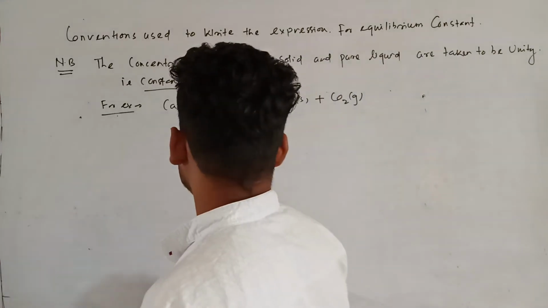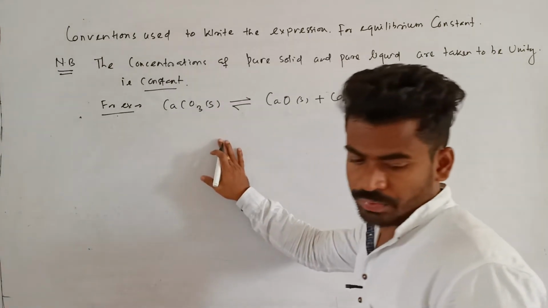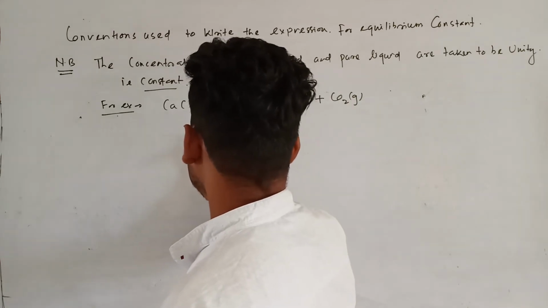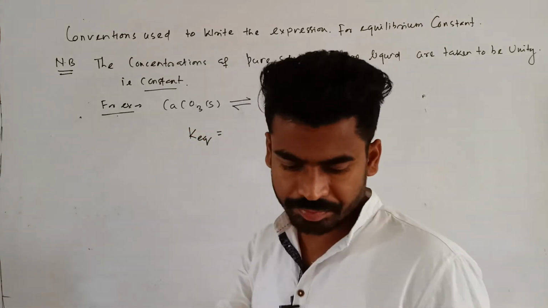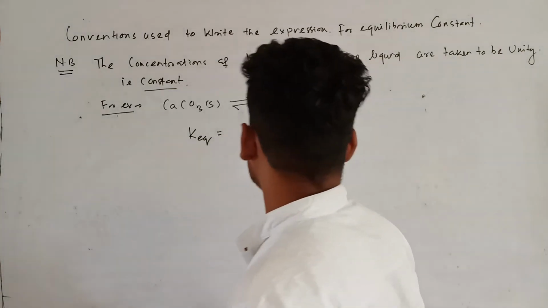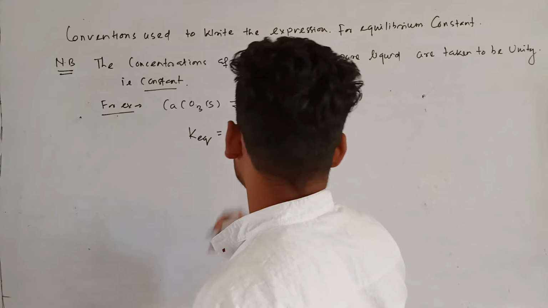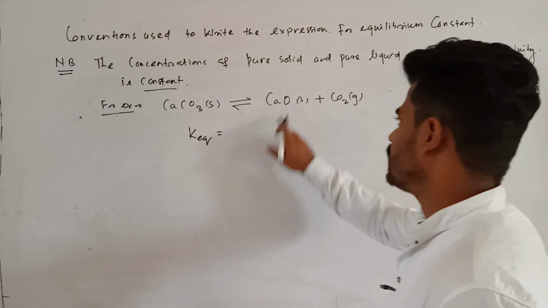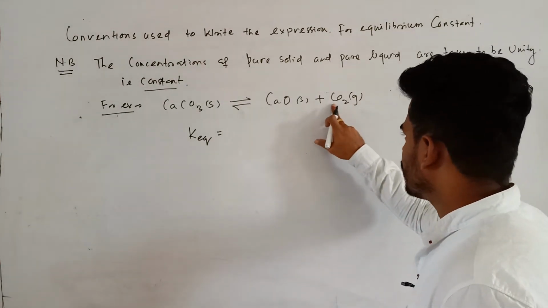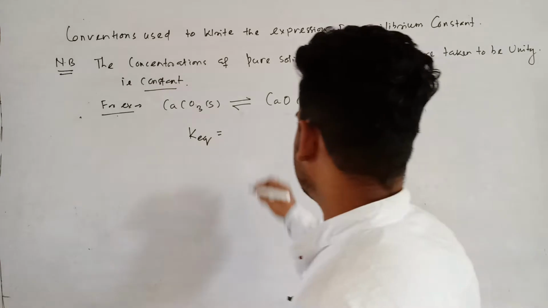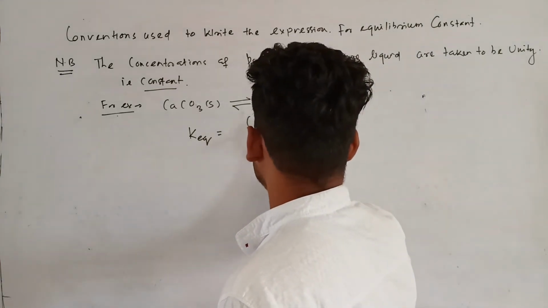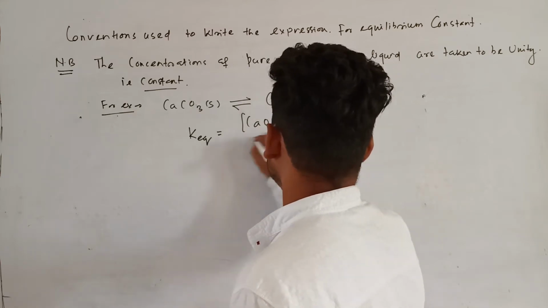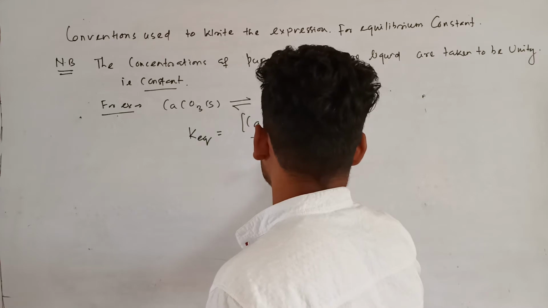So if I write down the equilibrium constant expression, that is K equilibrium, or Kc, that is equal to the concentration of products upon reactants. So CaO solid concentration in square brackets times CO2 gas concentration divided by CaCO3 solid concentration.